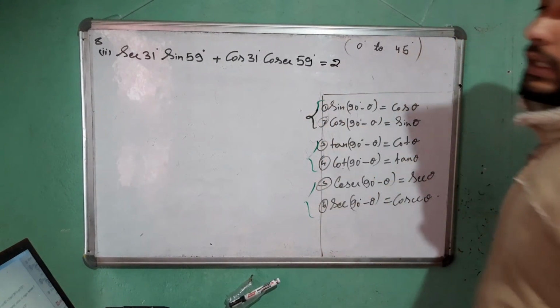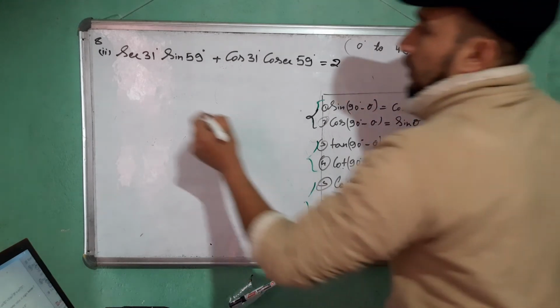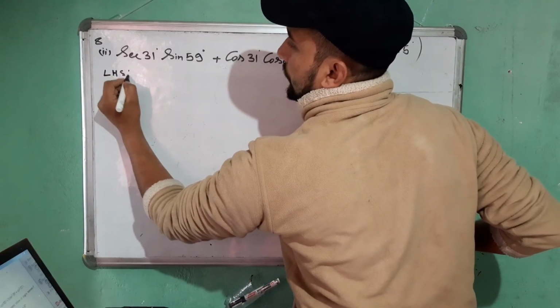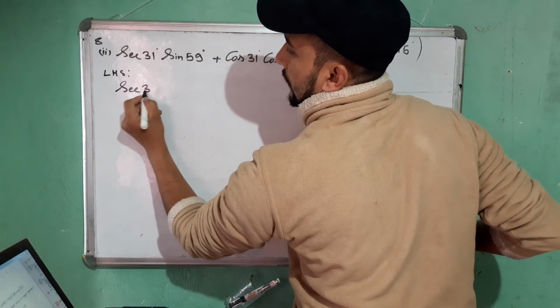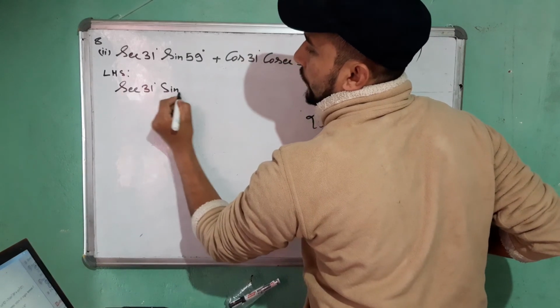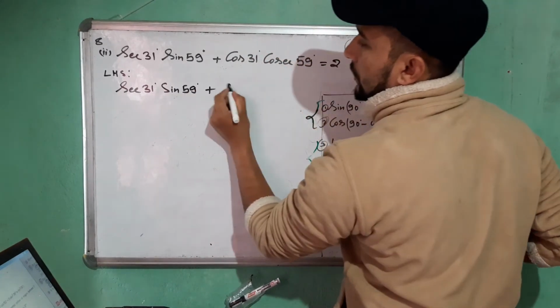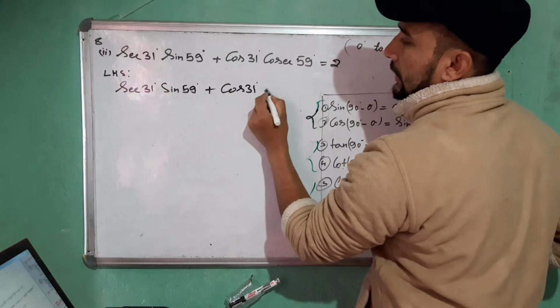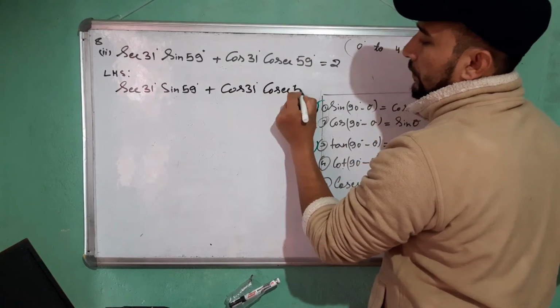You have to prove this. Okay, left hand side LHS. Sec 31 degree sine 59 degree plus cos 31 degree cosec 59 degree.